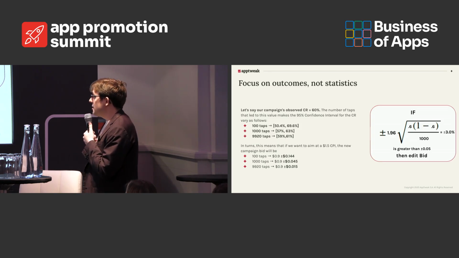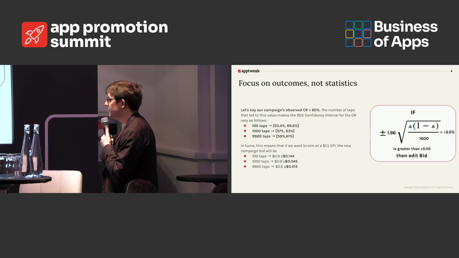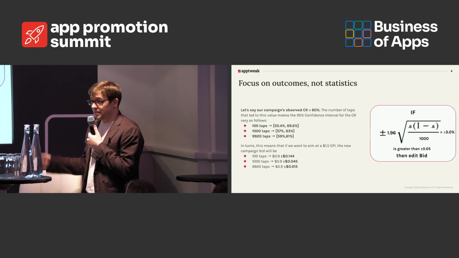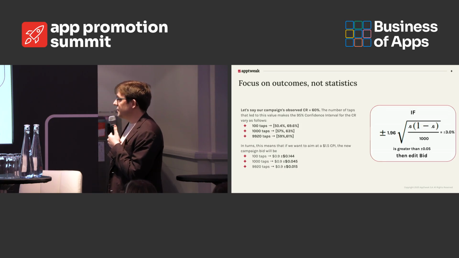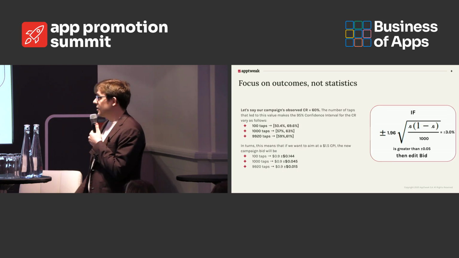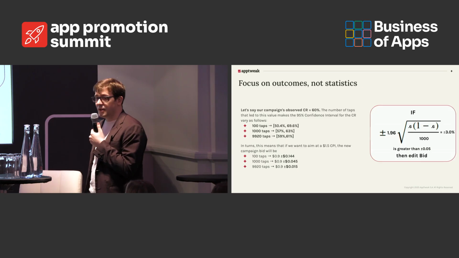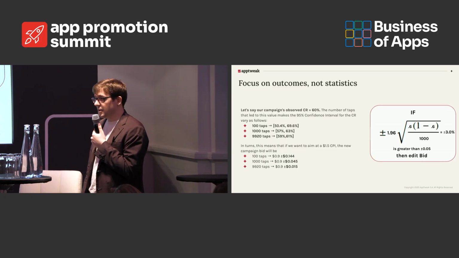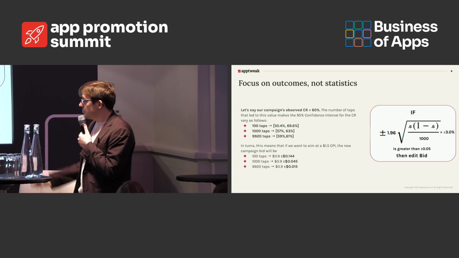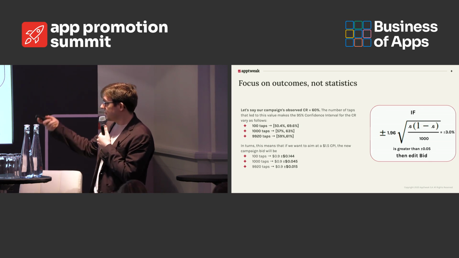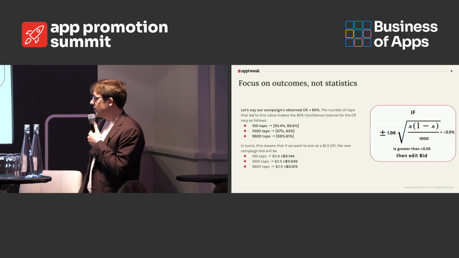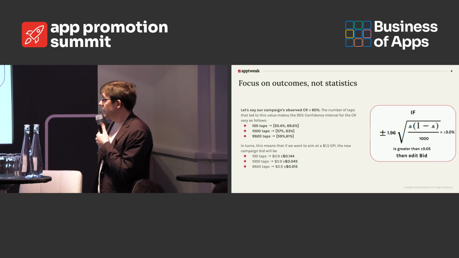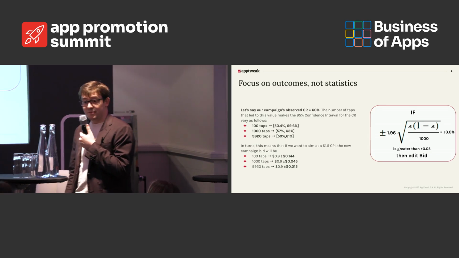Actually, if I aim at a $1.5 CPI and I need to update my bid, which is currently at 0.9 with the 60%, the variation is going to be 14 cents. That can be a lot. But if I have 1,000 taps, it's going to be 4 cents. 10,000 taps, or almost 10,000 taps, 1.5 cents.